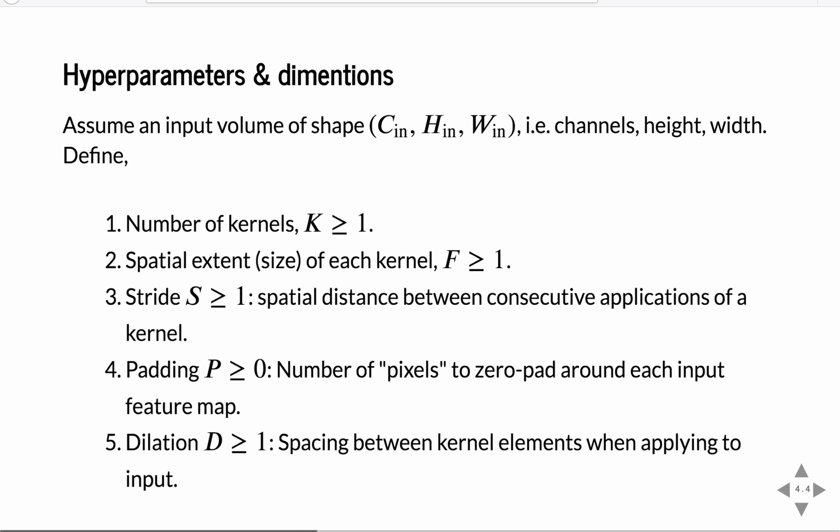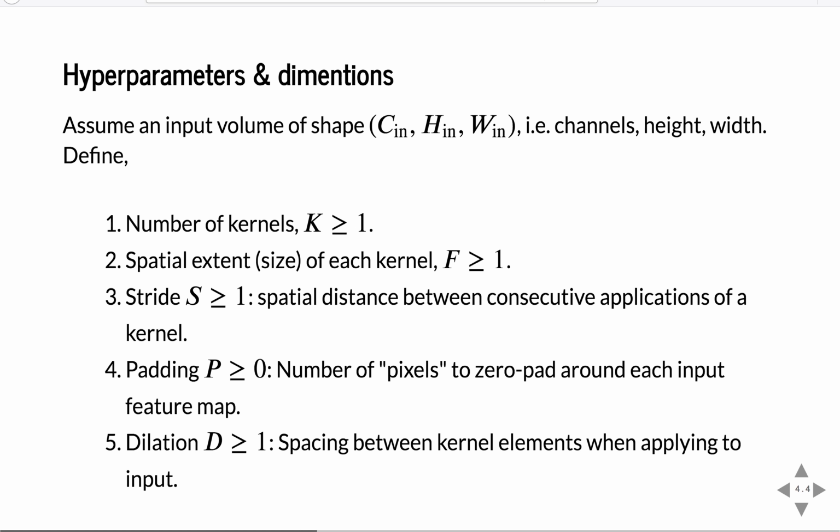To define a conv layer, you have to specify some hyperparameters. First, the number of convolution kernels or filters, since there's more than one. Second, the size of each filter. In the previous image there were 6 filters, 3 by 3, so the spatial extent is how large the filter is in the spatial dimension, not the depth dimension. The stride is how I'm jumping the filter. I can jump it 1 pixel at a time, or move it larger.